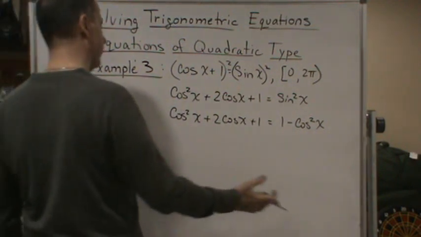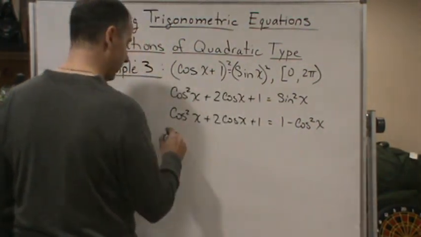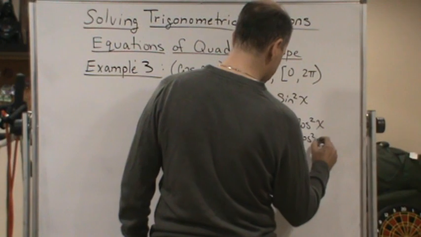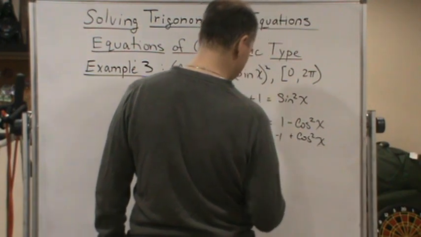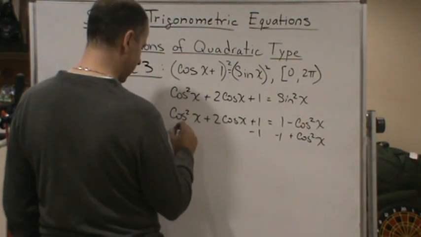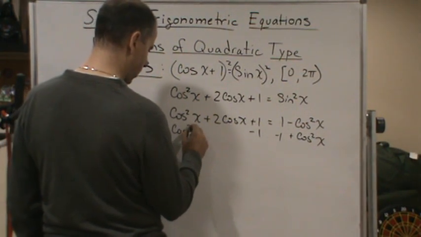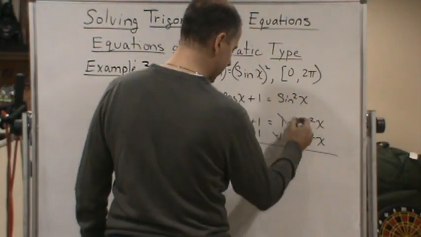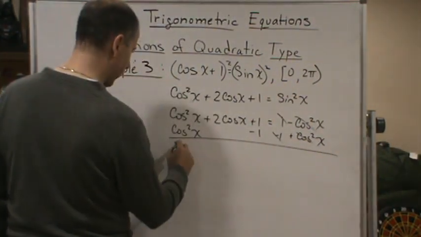Now I'm going to move everything over to the left side of the equal sign. So I'm going to add cosine squared x and I'm going to subtract 1 from both sides. So these cancel, and what do I end up with?